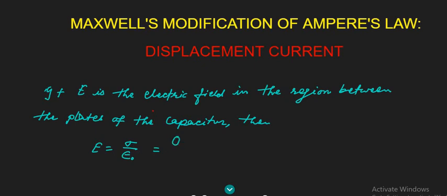Sigma, you can write sigma equal to Q by A, which is surface charge density, upon epsilon naught, and it becomes Q upon A epsilon naught.